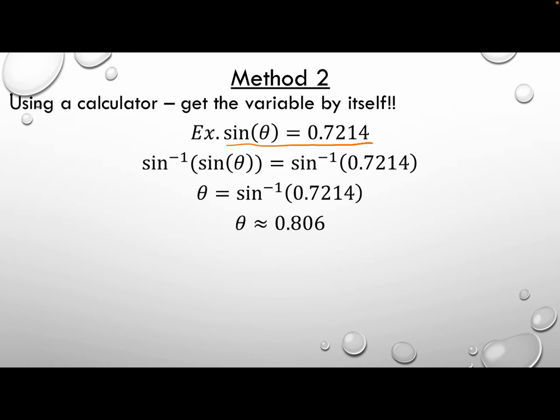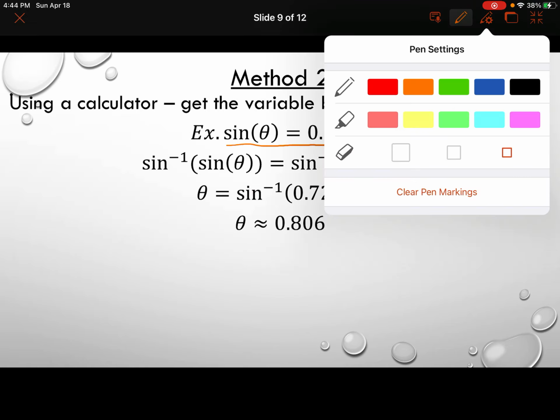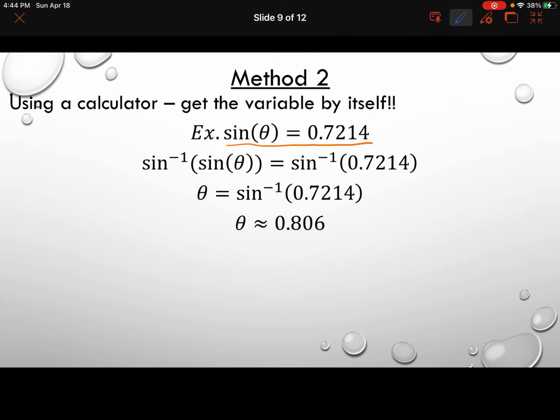Remember, you want to do this whenever you want to cancel out a trig function, or undo a trig function, to get a variable by itself. So you take the inverse sine of both sides, and you end up with just that variable, theta in this case, or x, or whatever variable you end up with.